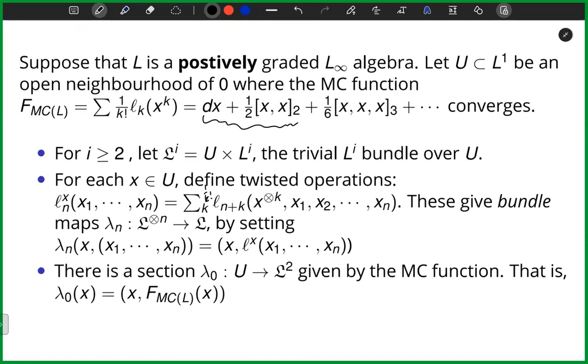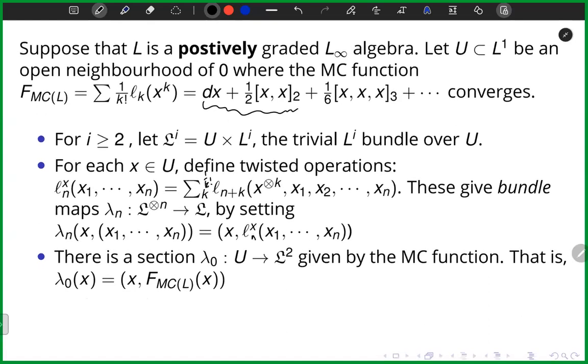So then we can package all these together to give bundle operations. And that's just over X. We take the twisted operation by X. So precisely what this L infinity space is saying is that you have this open set U, and if you pick a different point, the L infinity algebra that is being parametrized here is L twisted by X. And the operations are defined by that.